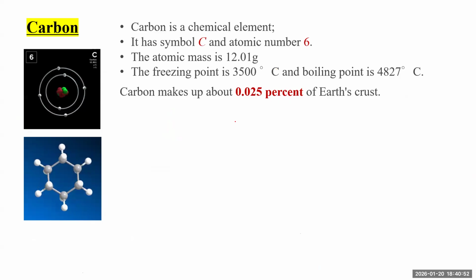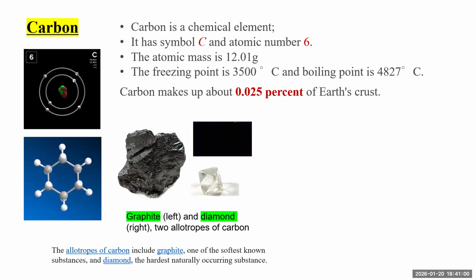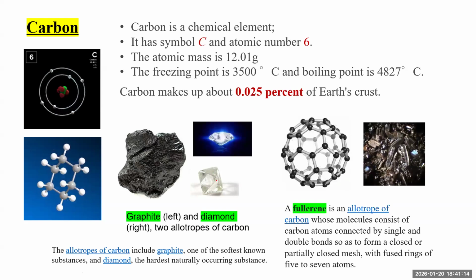Carbon makes up about 0.025% of our Earth's crust. Graphene and diamond are common examples. They are two different allotropes of carbon, the softest and the hardest.